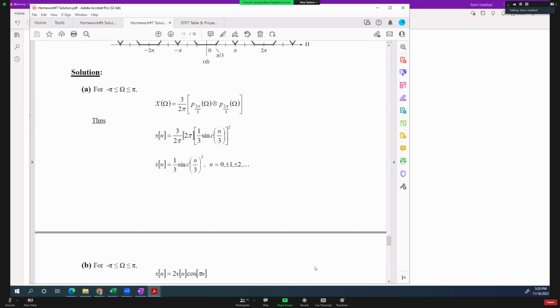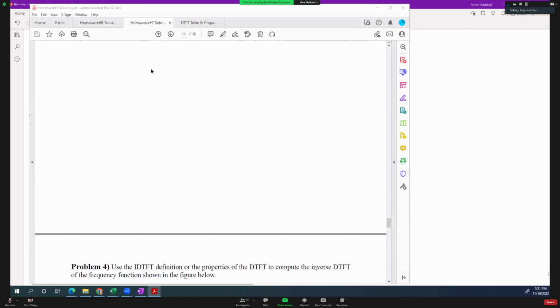Is it clear, the relationship between the DTFT and the Z-transform and how they're different or similar? There's a question in the chat. In problem 1, what does the Q mean in the problem? Problem 1.